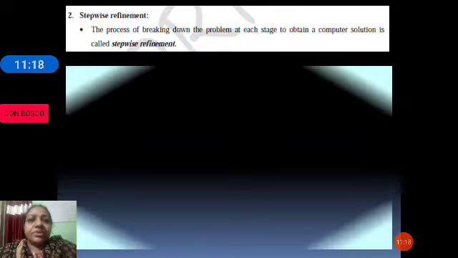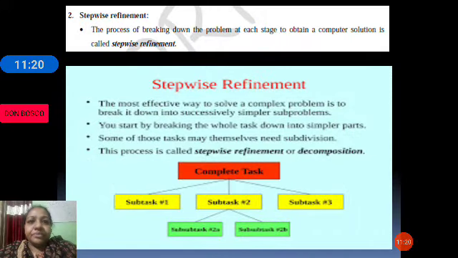The most effective way to solve a complex problem is to break it down. As we know, a problem is broken down into smaller units and they are further broken down into smaller units. In stepwise refinement, the broken down problem is used again to find the computer solution.